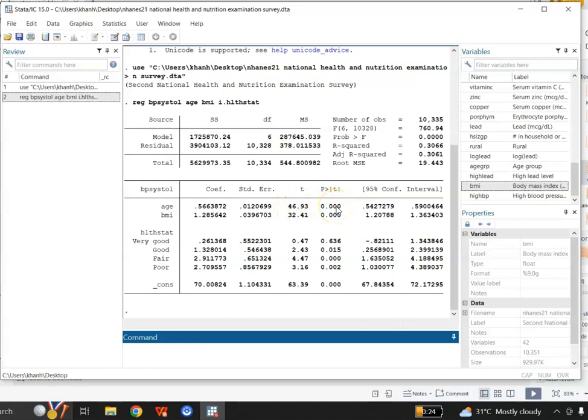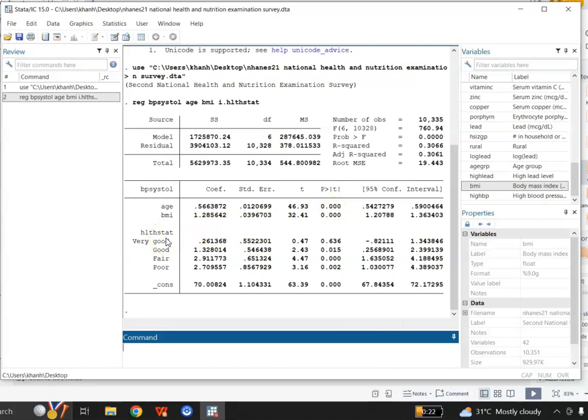So the coefficient for age is statistically significant. This is the 95% confidence interval for all the variables. And this is the coefficient for BMI. It means as BMI increases by 1 point, systolic blood pressure increases by 1.285 points. Standard error, this variable is also significant, and there are 5 categories of health status.